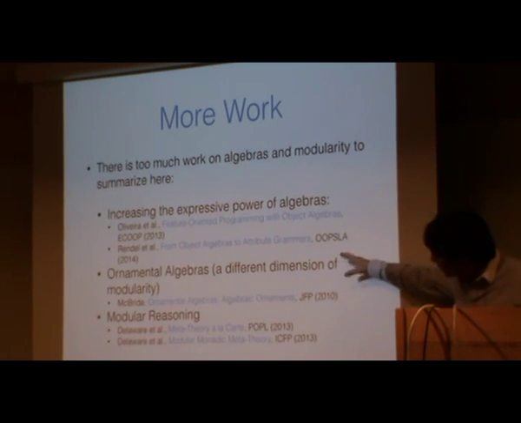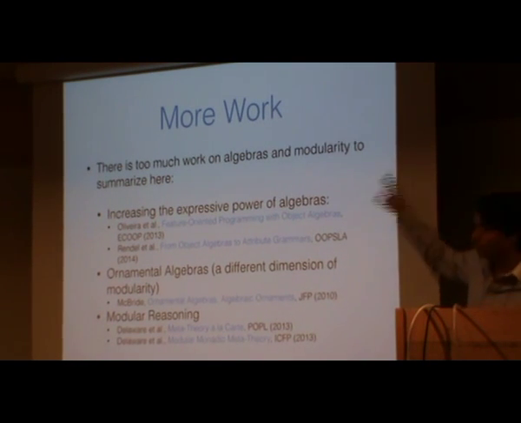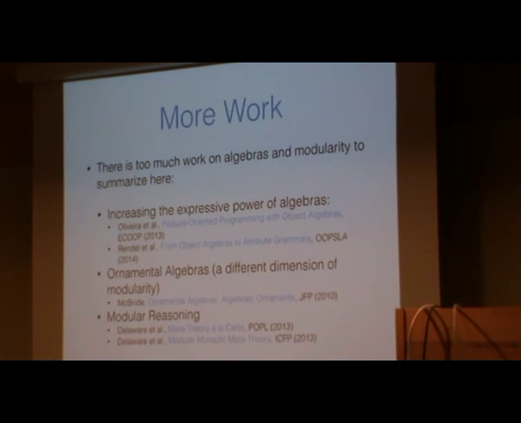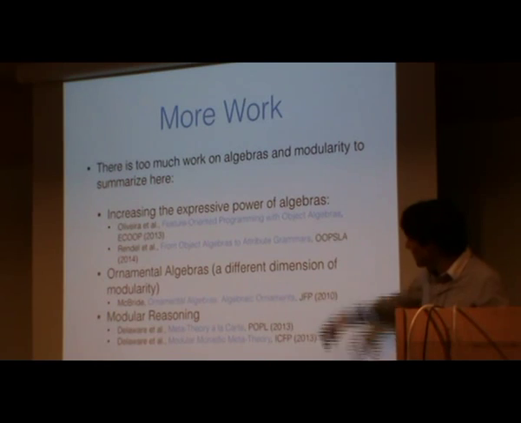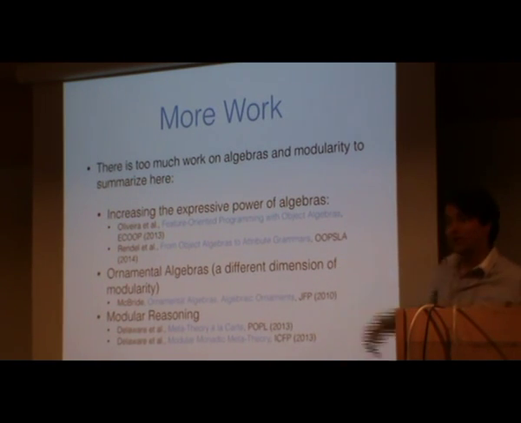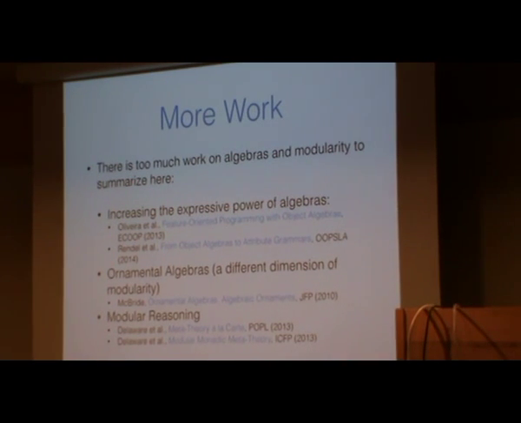Another line of work that is orthogonal to what I've been doing in terms of modularity is ornamental algebras. This is by Conor McBride, and here he's trying to solve a different modularity problem. Say you have lists, for example. When you start talking about dependent types, you might have lists, and you might have vectors of a certain size.